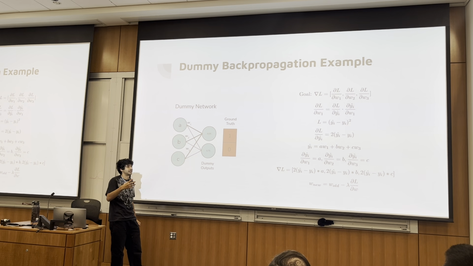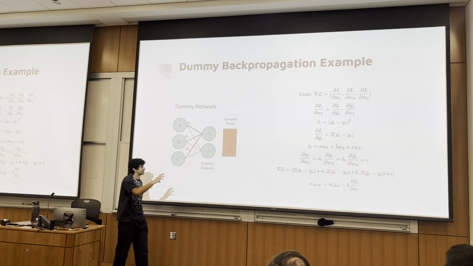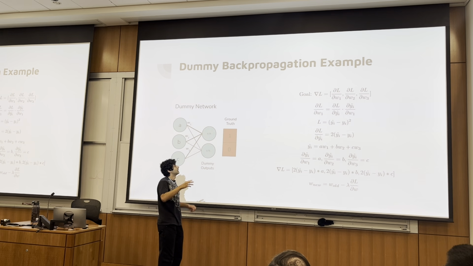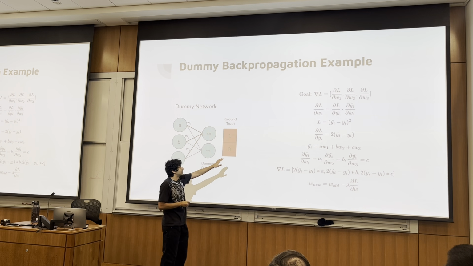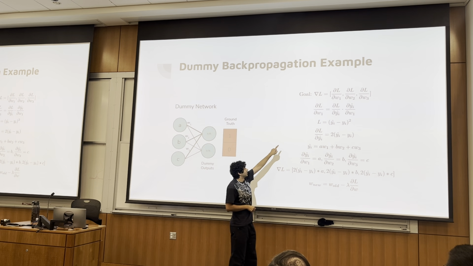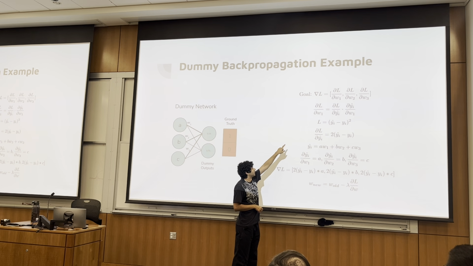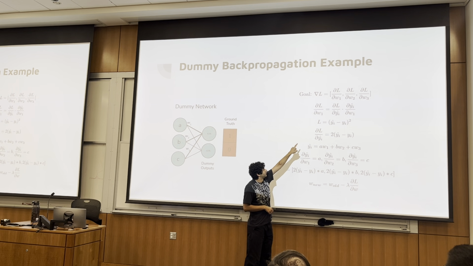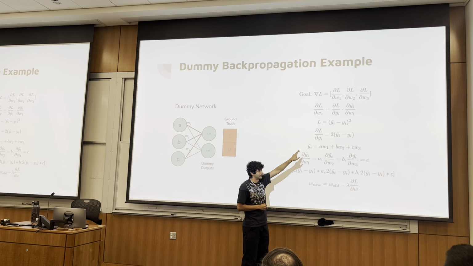And in fact, the chain rule of calculus tells you that you can decompose one of these derivatives, partial L over partial W1, into the partial derivative of the loss function with respect to y hat of i times the partial derivative of y hat of i with respect to W1.